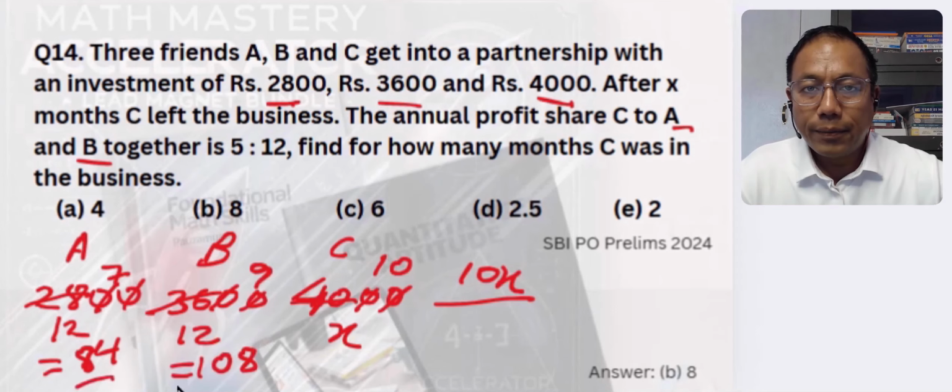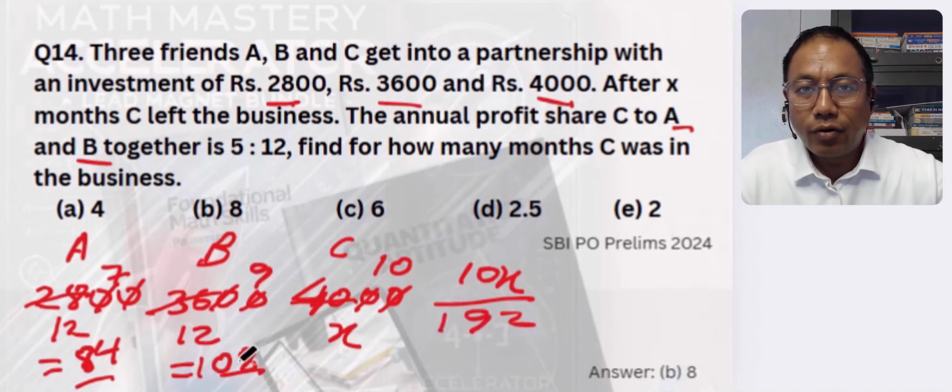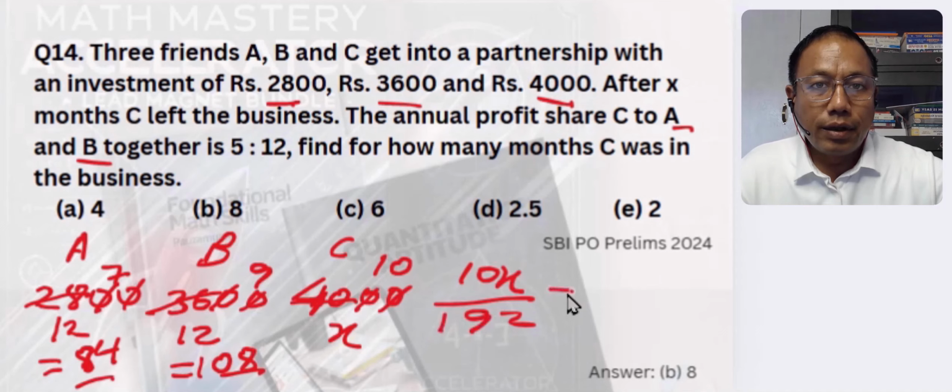Add these two together. 8 plus 4 is 12. 1 in hand. 8 plus 0 plus 1 is 9. We have 1 here. The sum of 108 and 84 is 192. This is equal to 5 by 12.